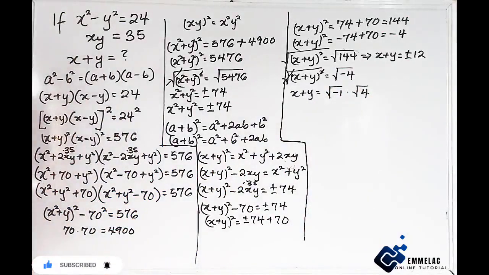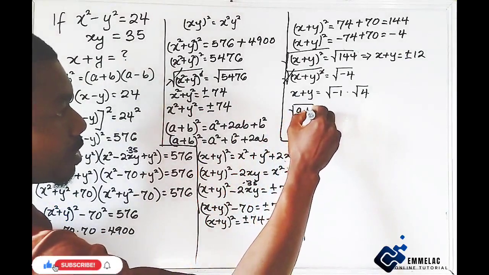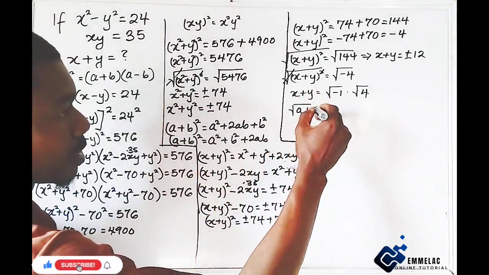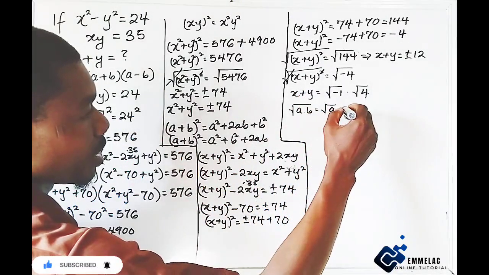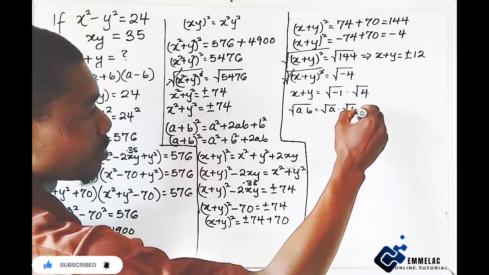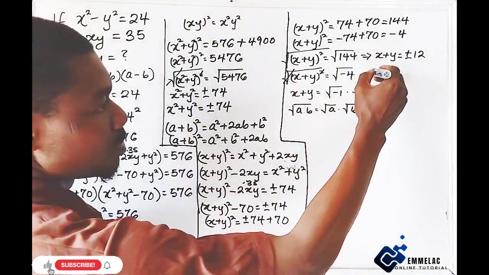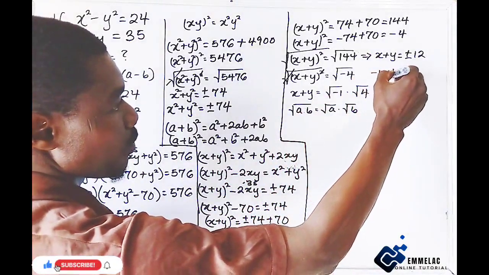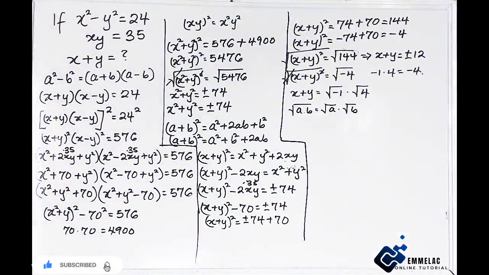This is according to the law of surds, that the square root of a times b is the same thing as the square root of a times the square root of b. And this could also be minus 1 times 4, which will give us minus 4.